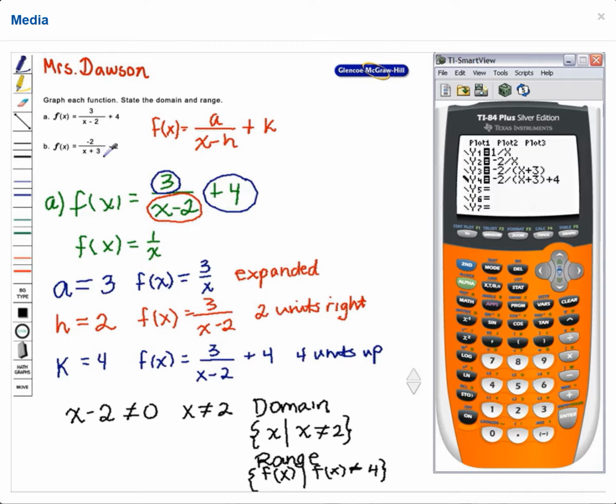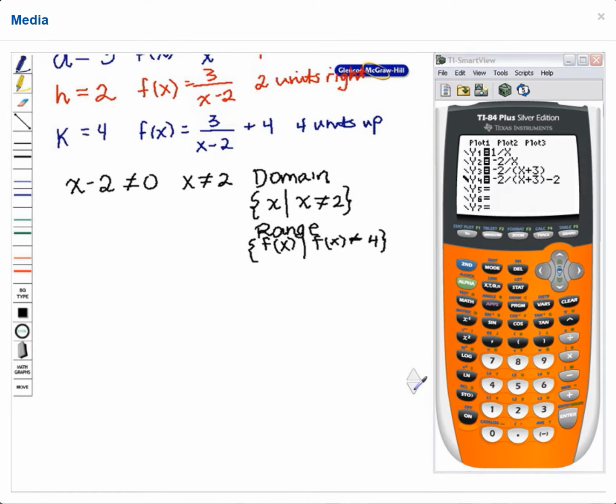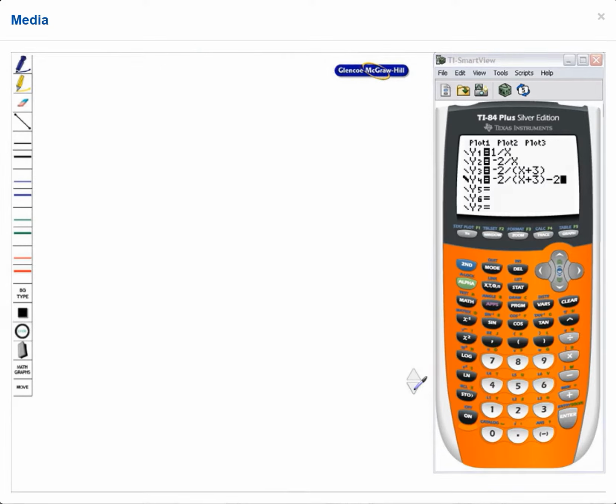And then subtracting 2. So the final function will be negative 2 divided by x plus 3 minus 2.